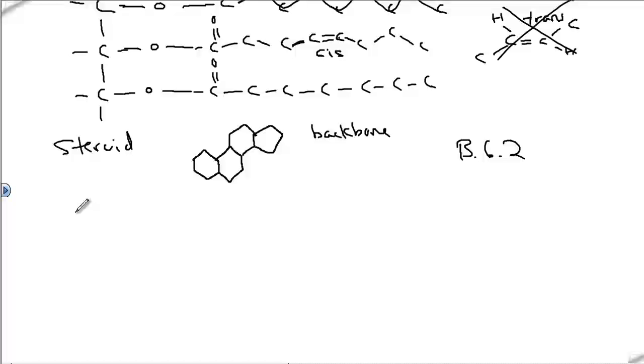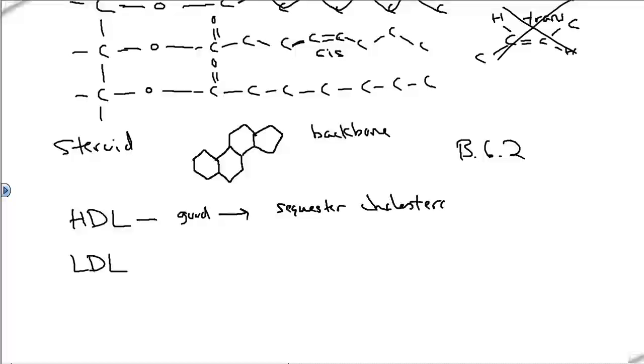So one of the points you do need to know is the difference between HDL and LDL. The structure difference is not typically important, but HDL, typically called good cholesterol, plays a role to sequester cholesterol. So cholesterol in the blood is required. It's important for good brain function because your brain is a very fatty organ.